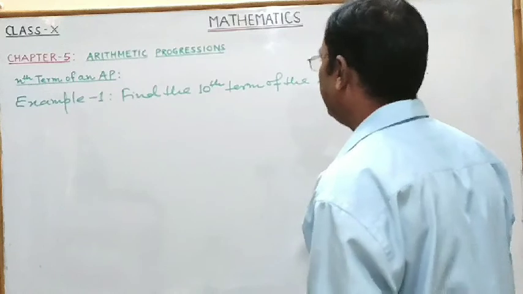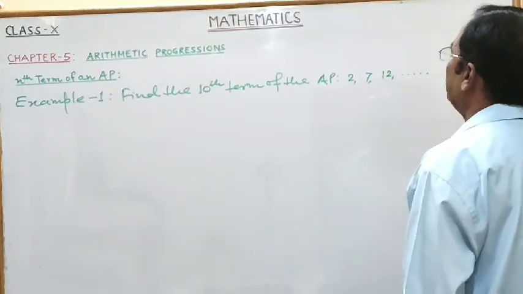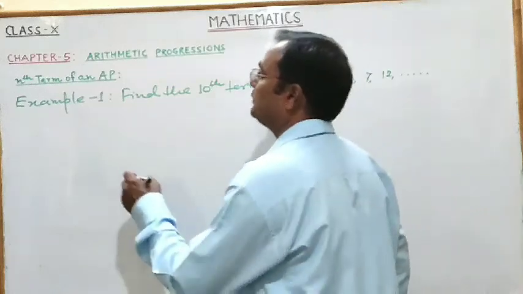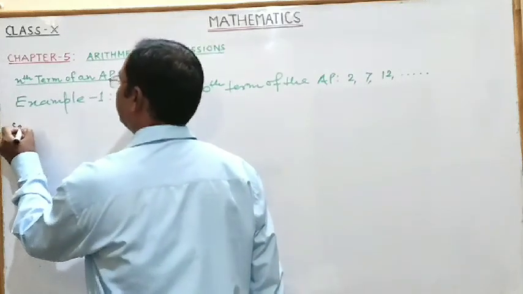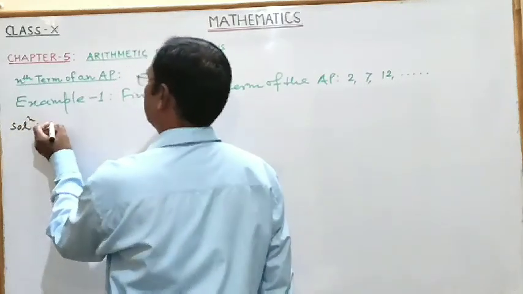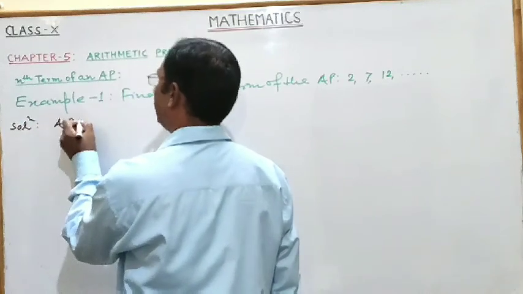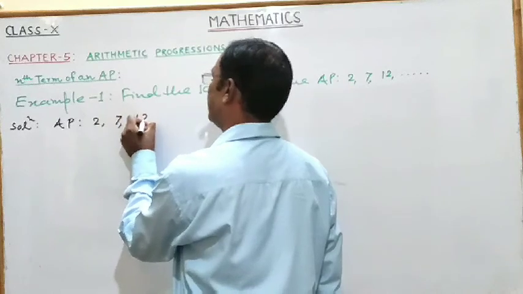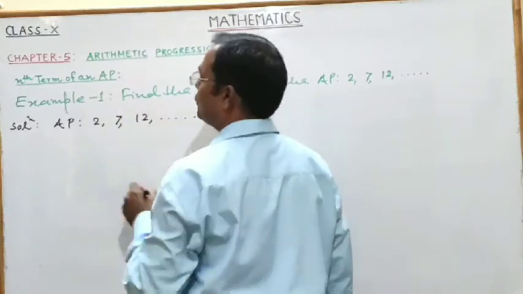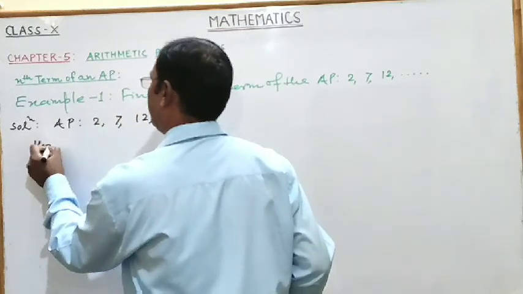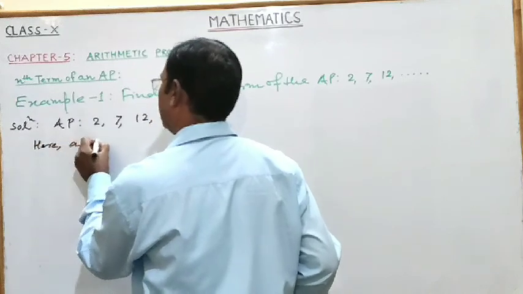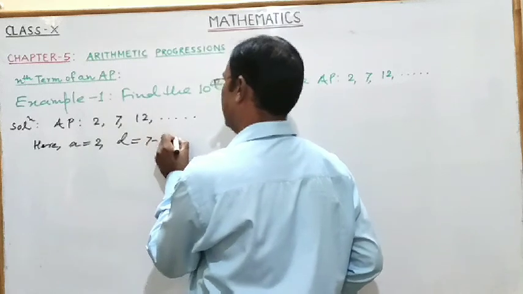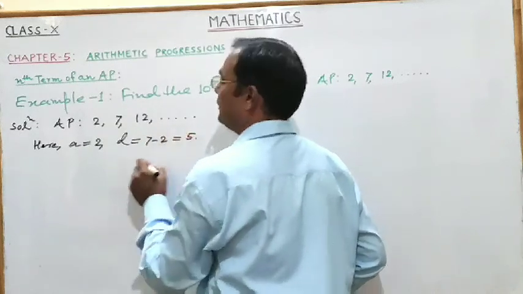Example 1. Find the 10th term of the AP 2, 7, 12 and so on. Here AP is given as 2, 7, 12 and so on. So first term is 2 and common difference is 5.